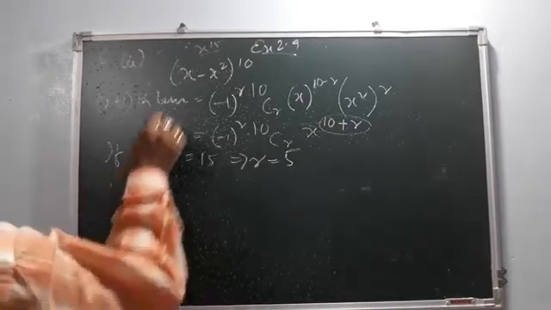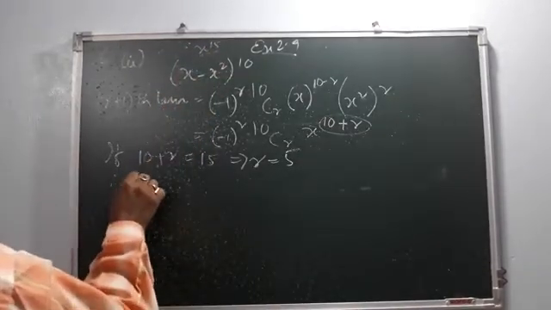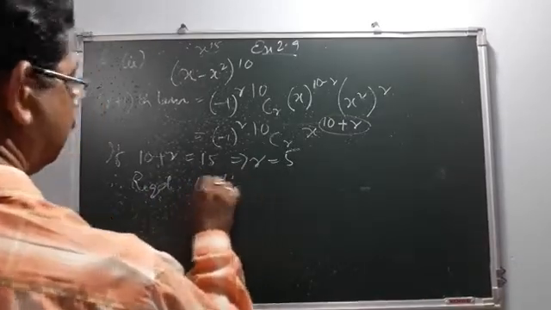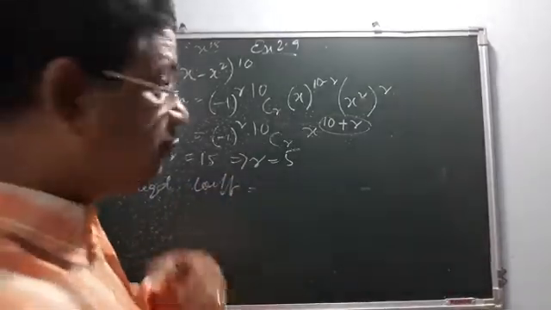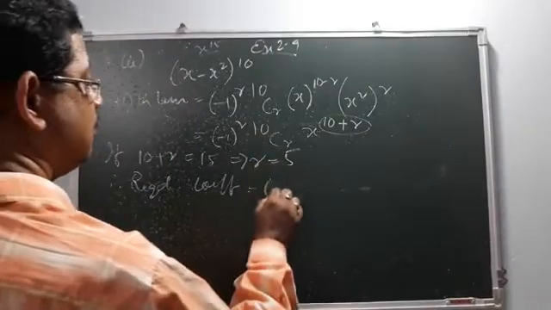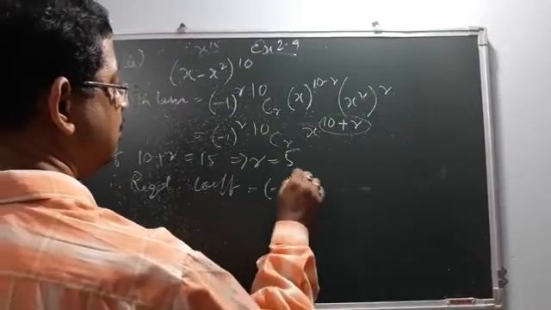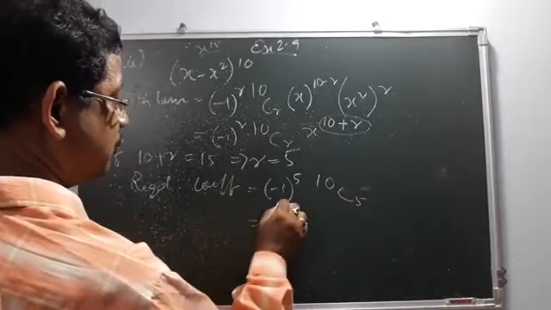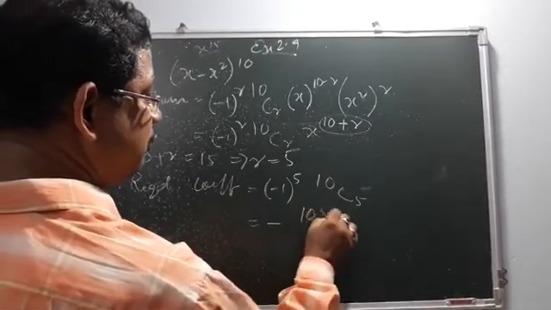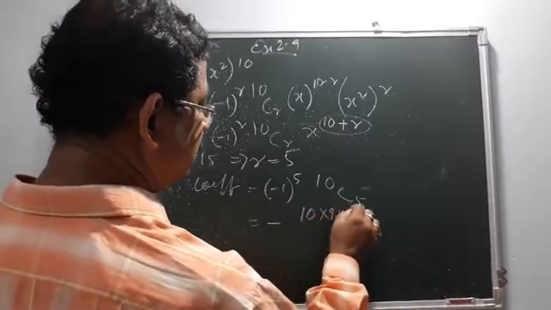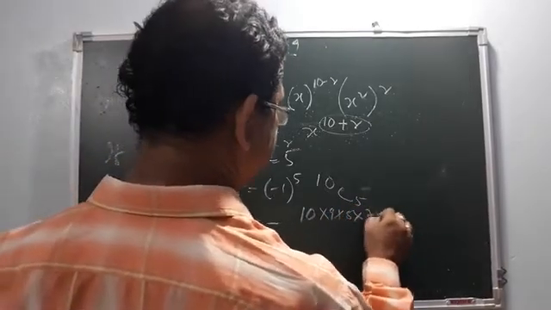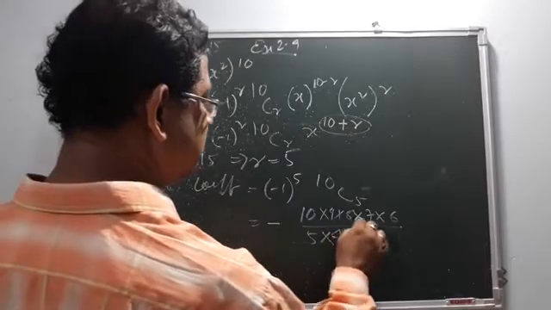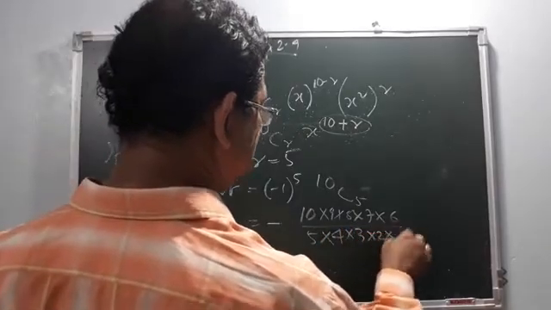So they say coefficient of it. Therefore the required coefficient of x to the power 15 is minus 1 to the power 5, 10C5. So it is minus 10C5, which is 10 into 9 into 8 into 7 into 6 divided by 5 into 4 into 3 into 2 into 1.